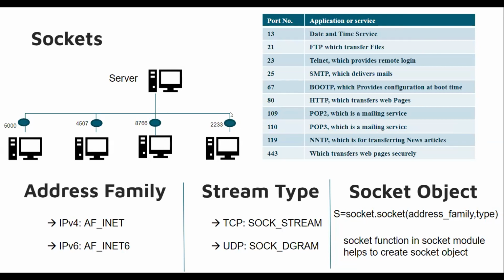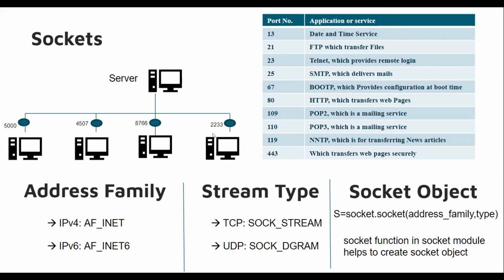The point at which they join hands is called a port, and each port is numbered. This port is also named a socket. So a port or socket is the point where your client and server meet, and that point is given a port number where your server will connect to your client.